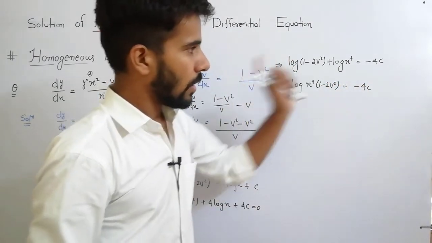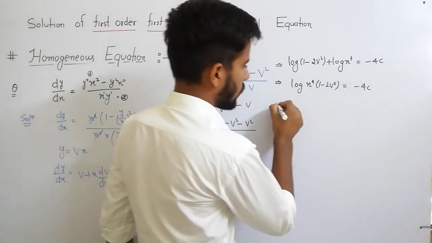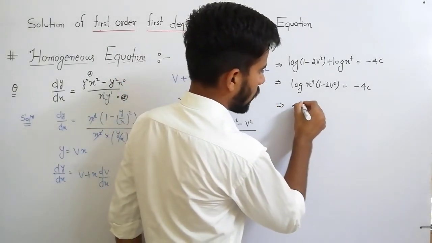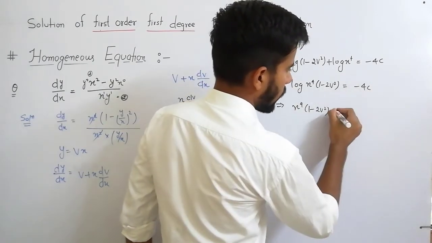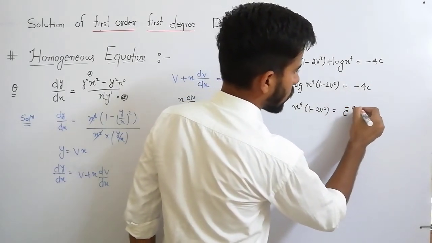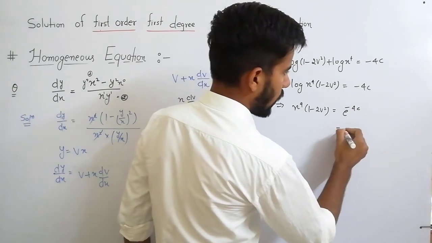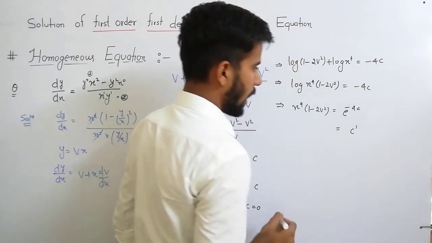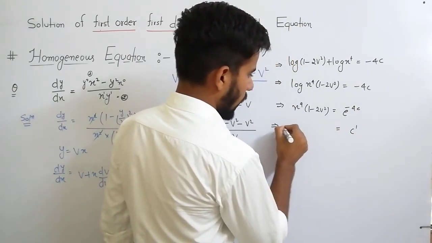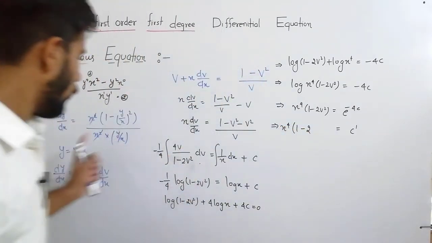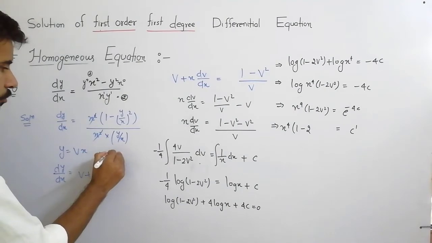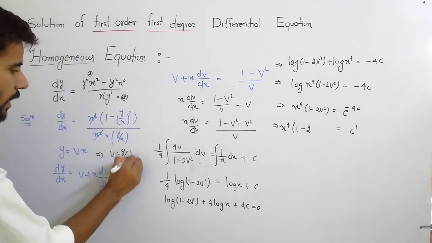Converting the log to the right-hand side, e raised to power minus 4c is a constant, which I write as c dash. So x raised to power 4 into 1 minus 2v square is equal to c dash, where v equals y upon x.